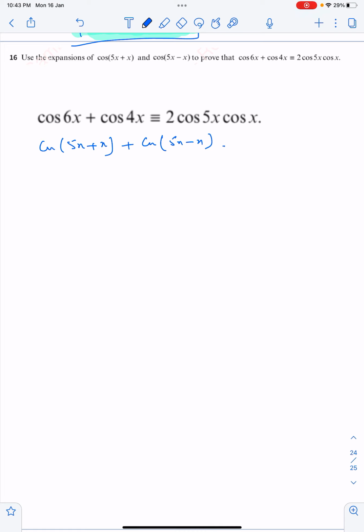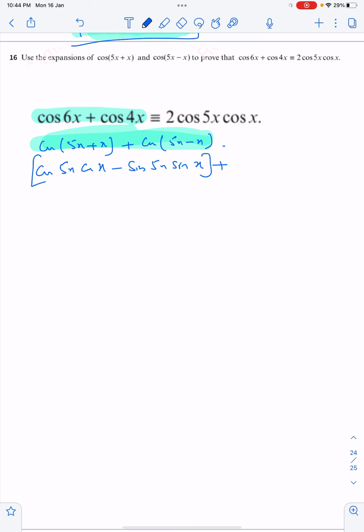So, in place of this I have written this, and I have to simplify it and prove that it is equal to this. So, I am going to apply the double angle identity for cos. It will be cos of 5x cos of x minus sine of 5x sine of x, this is the first one, plus cos of 5x cos of x plus sine of 5x sine of x.